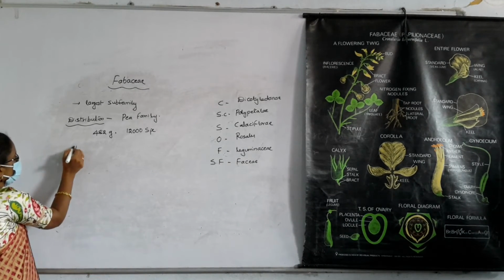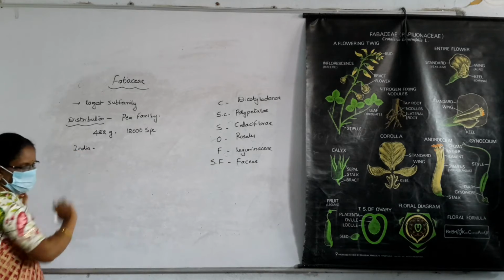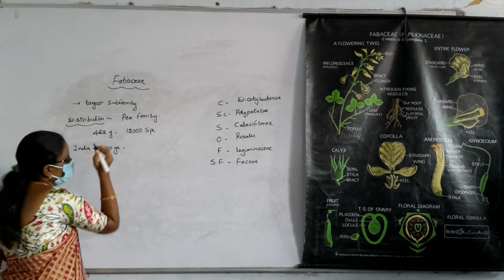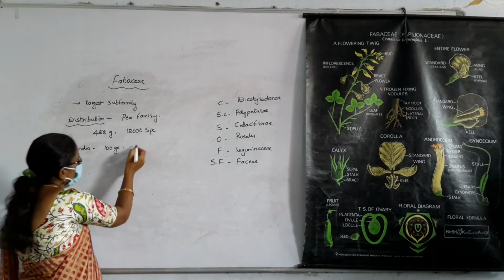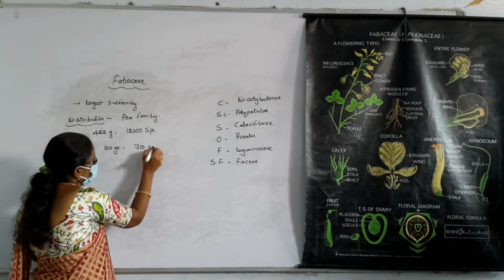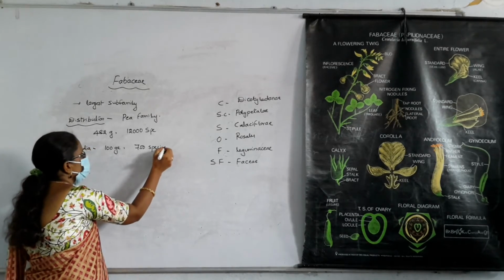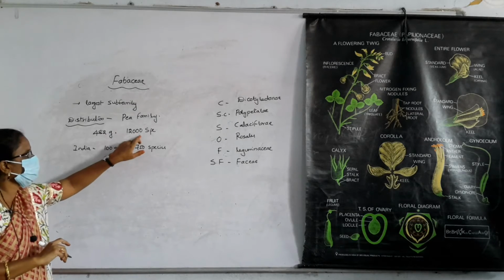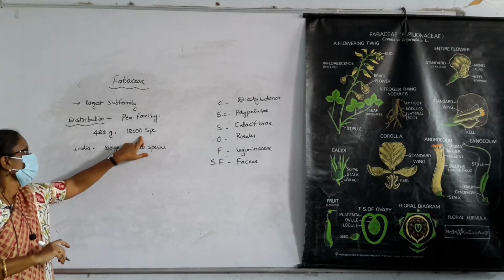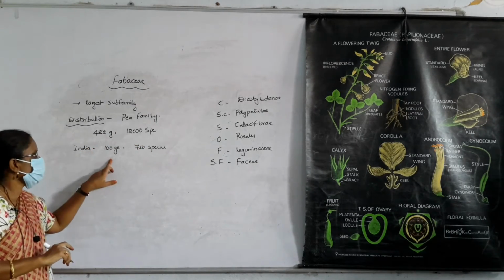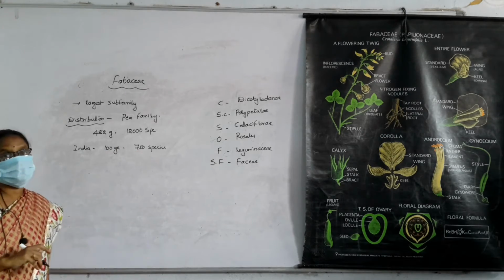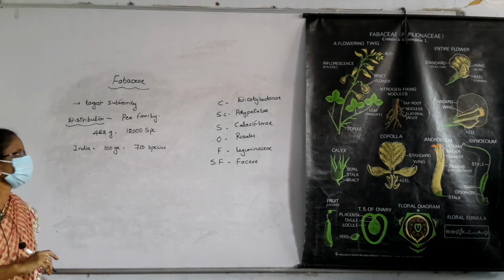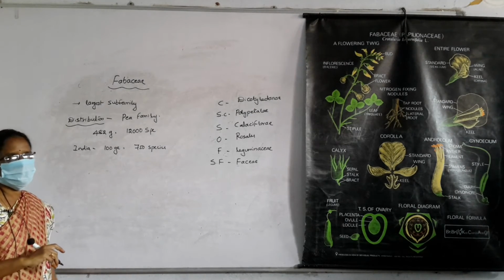In India there are 100 genera and 750 species. Normally 480 genera and 12,000 species in the world, and in India 100 genera and 750 species. In India this is the largest family, also called the pea family.